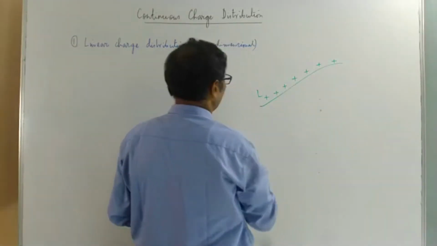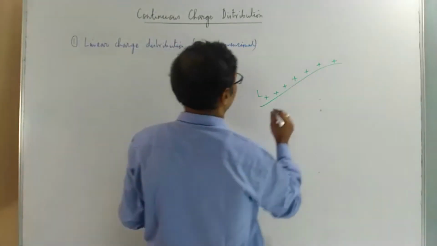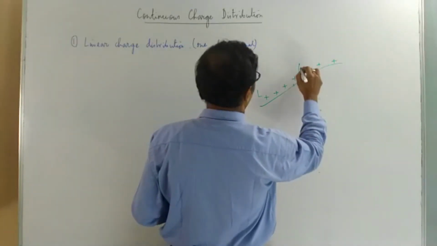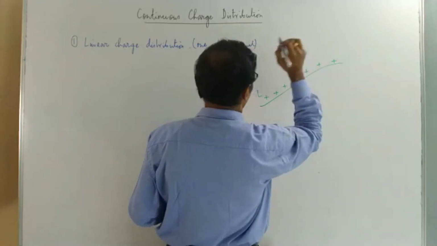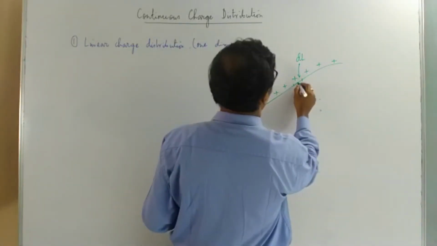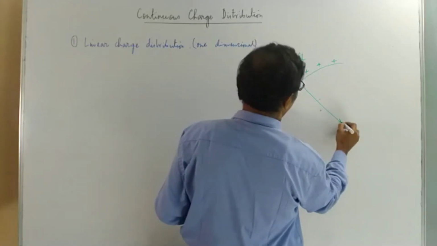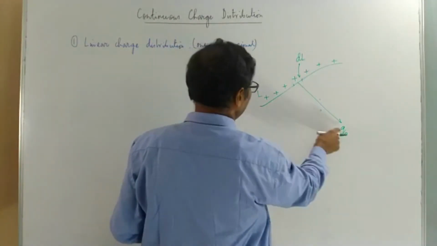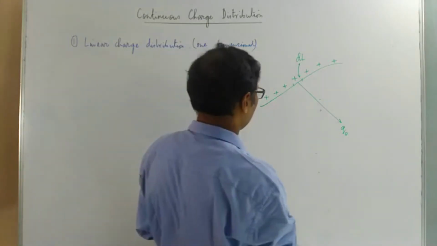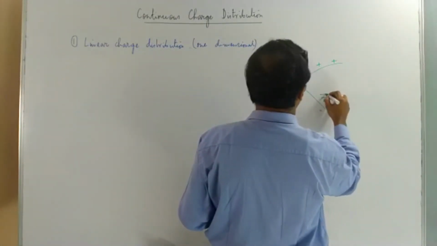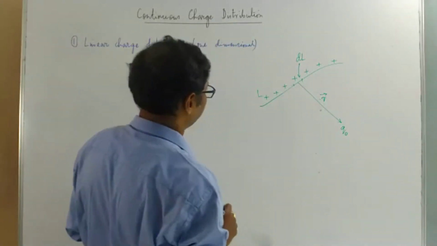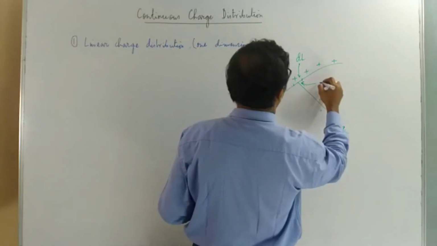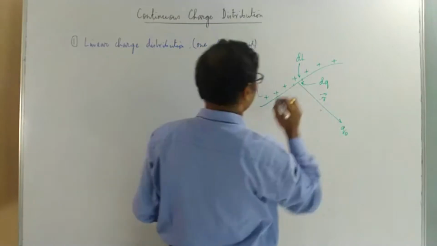The length of this wire is equal to L. I consider a small element as dl, and I want to find out the force acting between this wire and this point charge Q0. Let this Q0 be at a distance r from this dl. I also consider that this dl contains dq amount of charge.